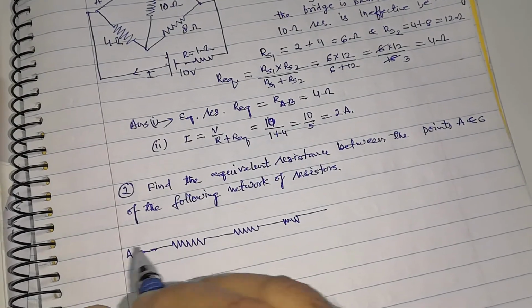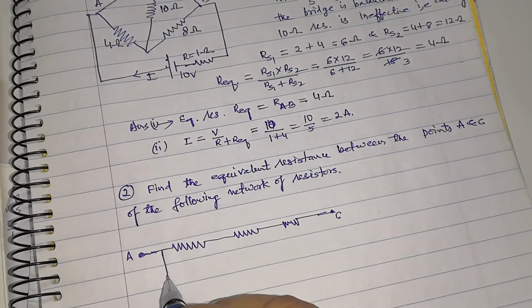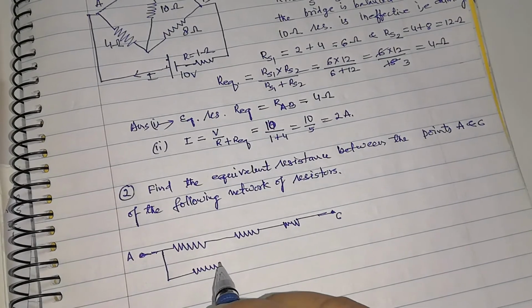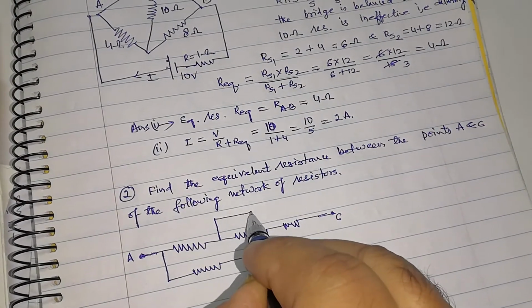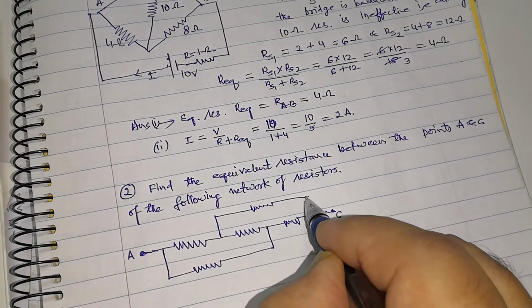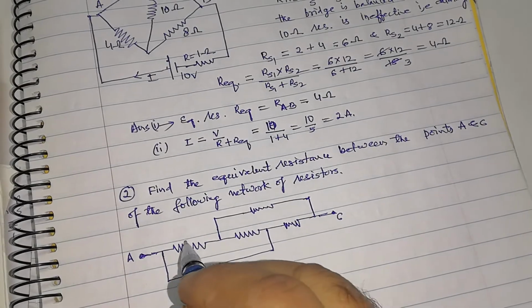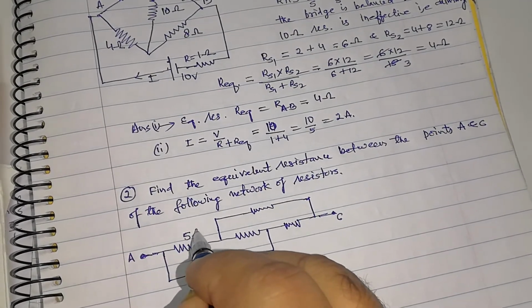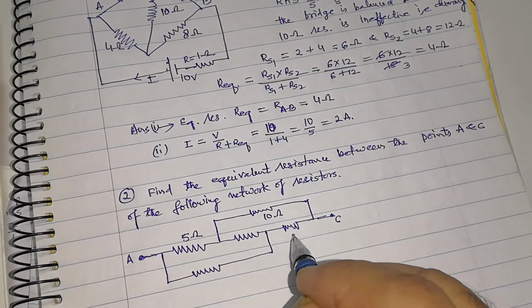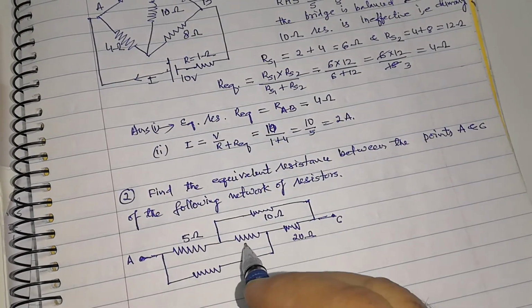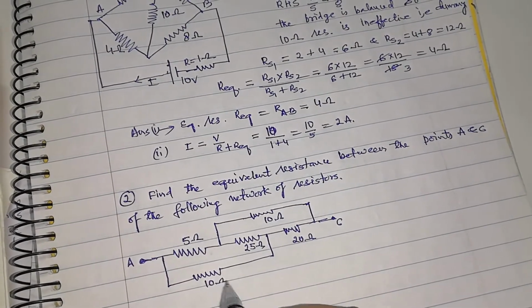This is the point A, here is the point C. Here it is 5 ohm, 10 ohm, 20 ohm, 25 ohm, and here it is 10 ohm resistance.